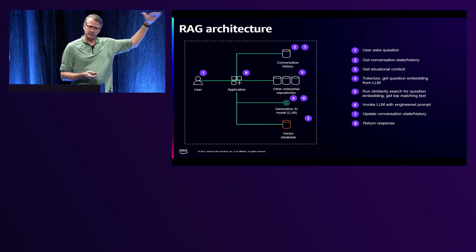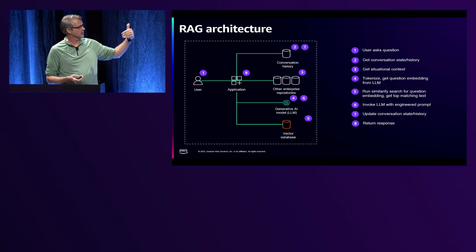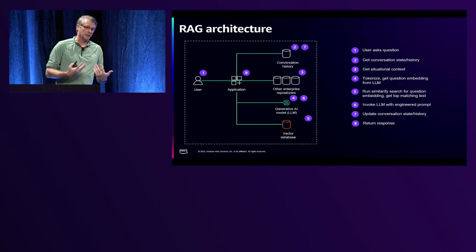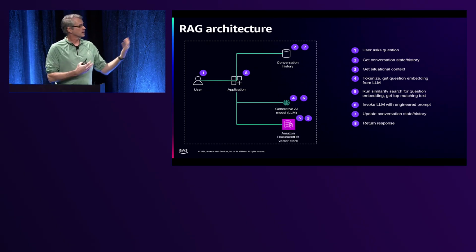So there are a number of systems that come into play here: the conversation history, enterprise repositories, the large language models, and your vector database. We are specifically talking about DocumentDB, vector search and vector indexes on DocumentDB. Using DocumentDB in this type of architecture can simplify it.